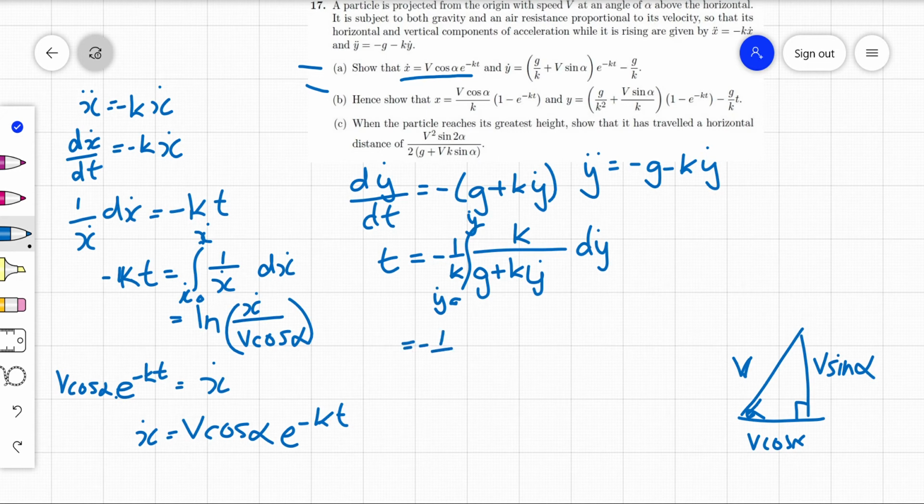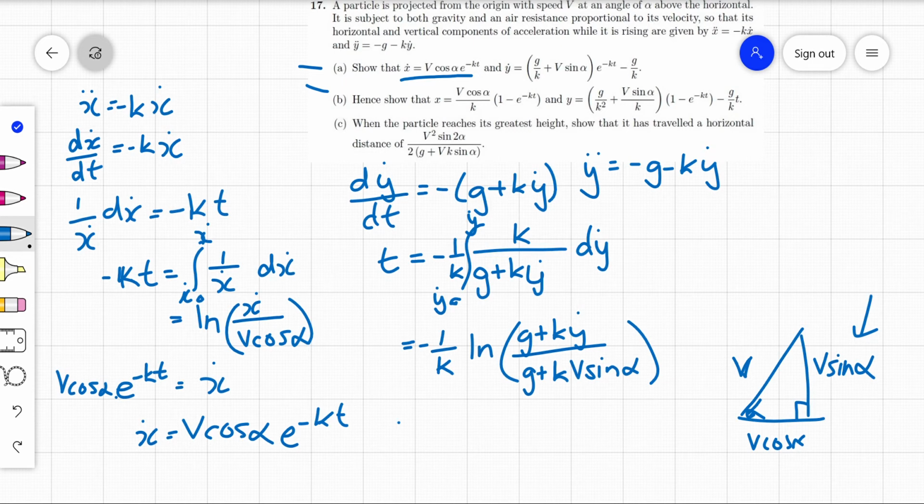So 1 on k, I'm going to have log of the bottom, subbing in y dot, so g plus k y dot, and then subbing in the original, so g plus k v sine alpha from our original velocity. If I put the minus 1 on k on the other side, I get minus kt, and exponentialize.